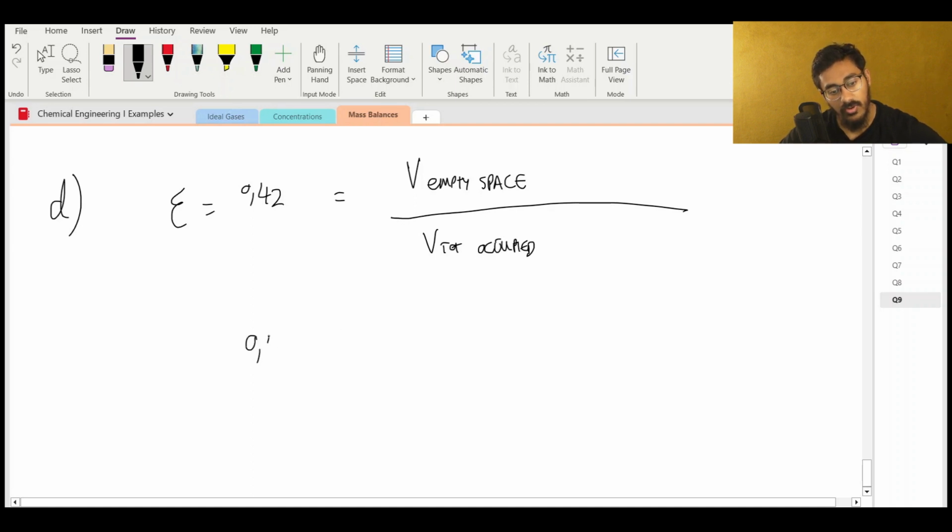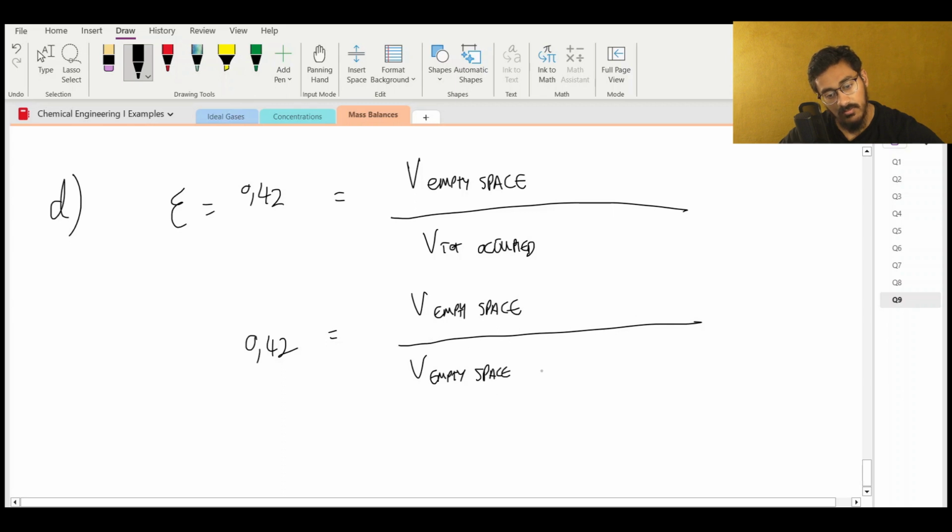So 0.42 is equal to the volume of empty space divided by the volume of empty space plus the volume of solid particle.